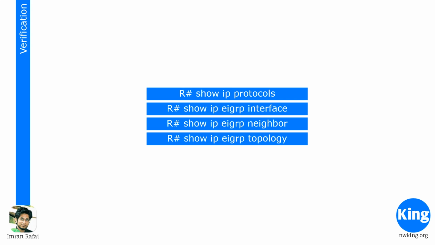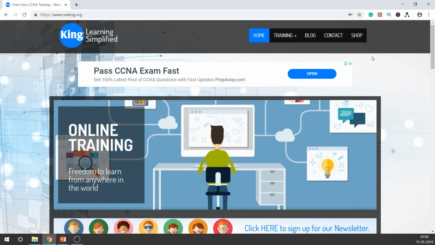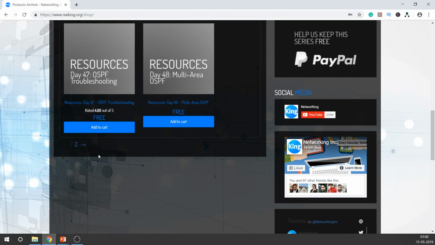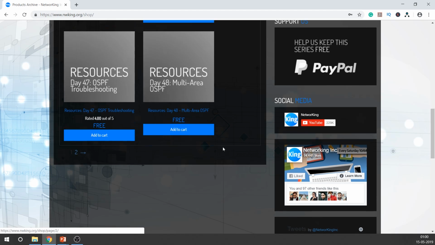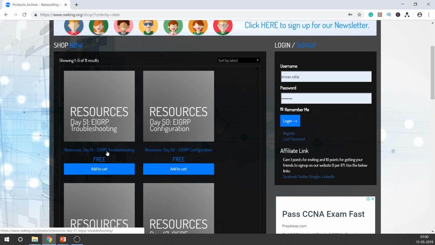Before we come here, what I would suggest is go to our website. The link for the lab is going to be in the description, but click on shop, then sort by latest, and the first one is Day 51 EIGRP Troubleshooting.